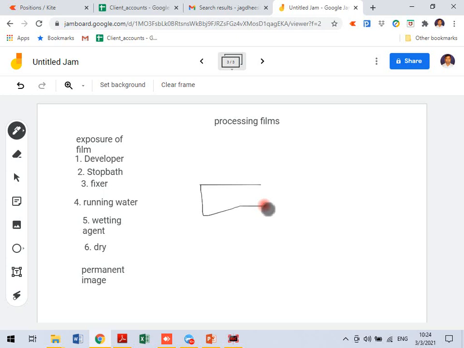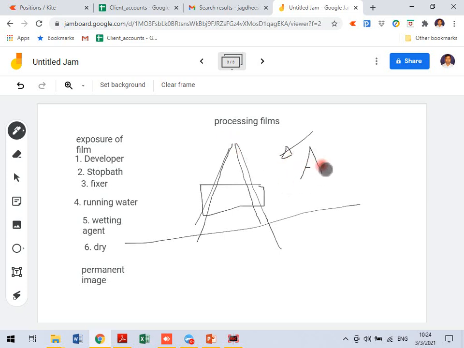When you radiograph an object, you put a film, okay? You are exposing it, right? So during exposure, what happens? Your silver bromide is exposed. Your silver bromide is like this: AgBr, right?